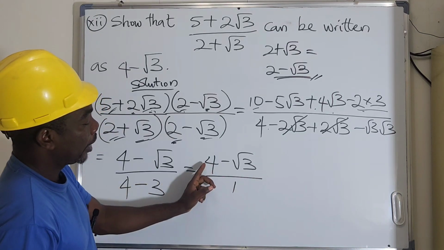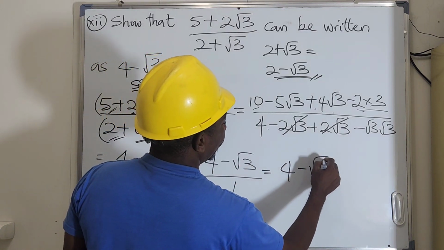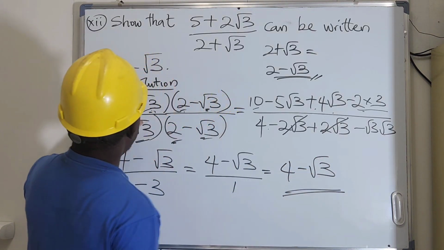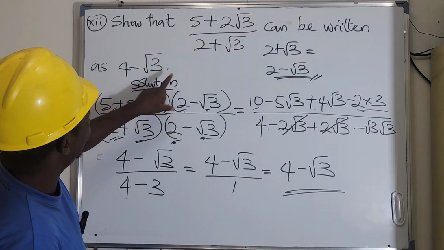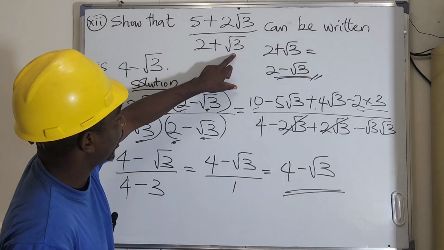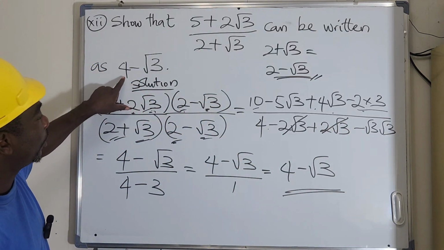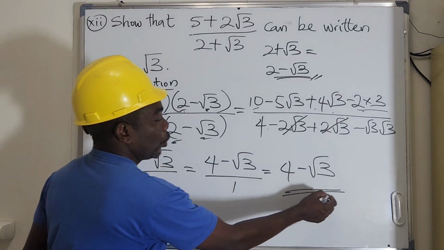We all know that this all over 1 is the same thing as 4 minus root 3. So this is the answer. And we have seen that to simplify 5 plus 2 root 3 all over 2 plus root 3 gives us this. And we were asked to write it in this form, which is 4 minus root 3. And this is what we have.